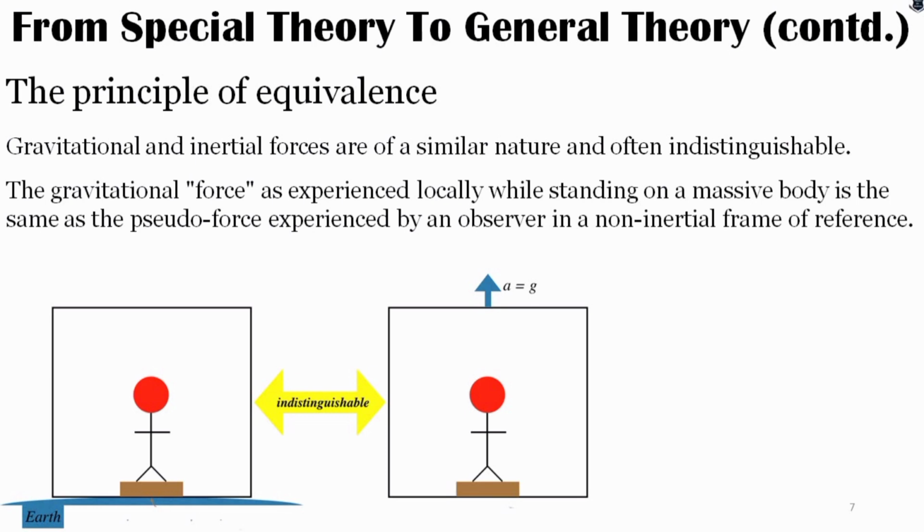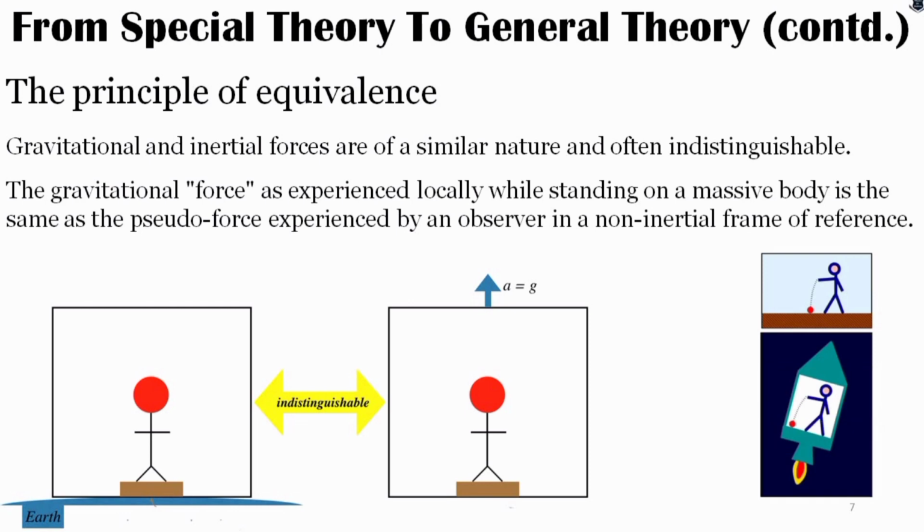Both of them are indistinguishable, provided, obviously, you are in a closed cabin where other things cannot be seen, no sound, etc. So when it is moving up and you're standing on the ground, your feet or the experience would be the same. So here is something I would like to show.